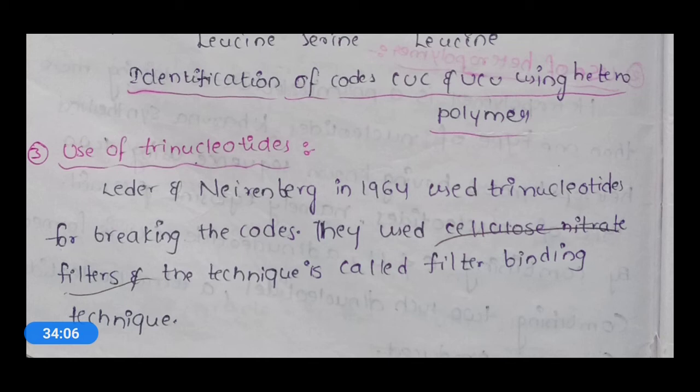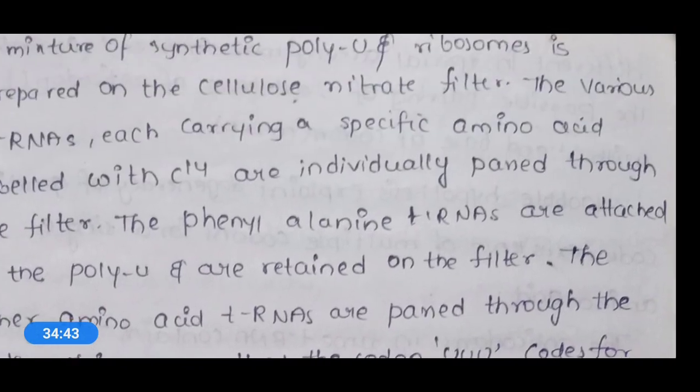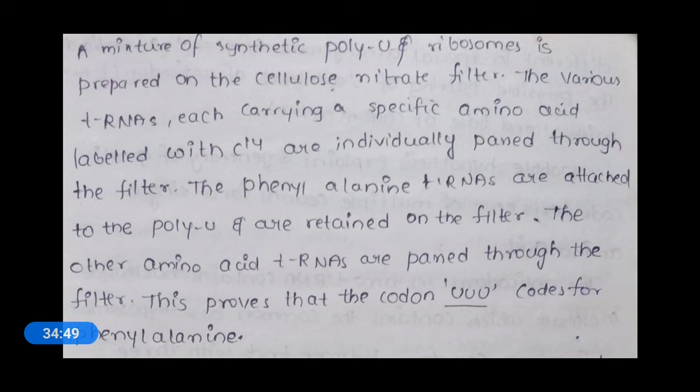Various tRNAs were also carried, carrying several amino acids, and these amino acids attached to tRNA are radioactively labeled, and the radioactive isotope is C14. These tRNAs are given onto the poly-U and ribosome cellulose nitrate filter.